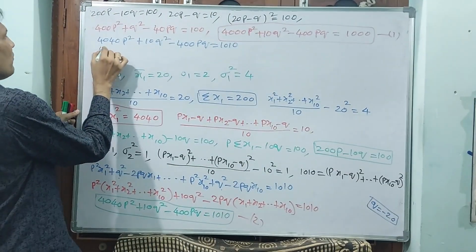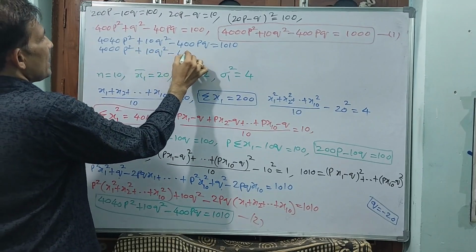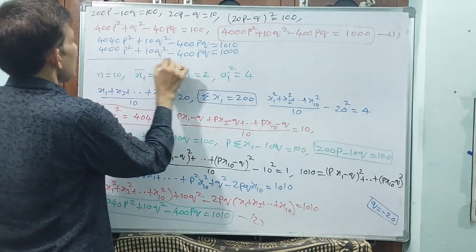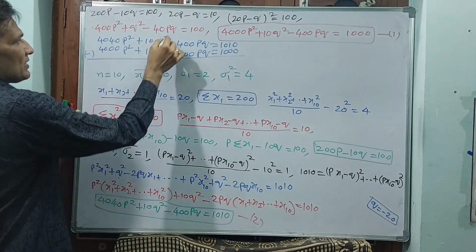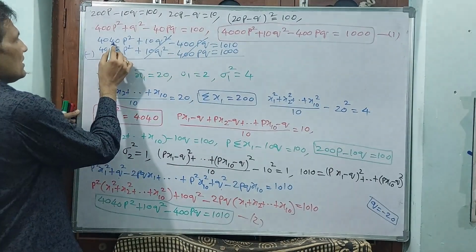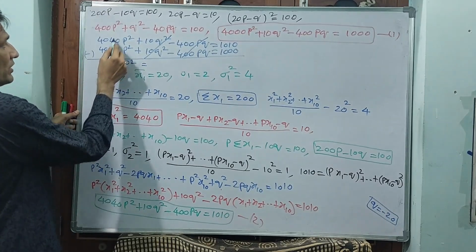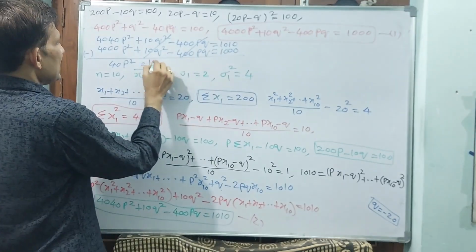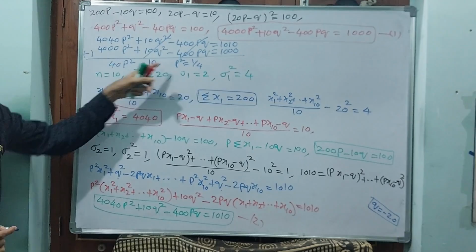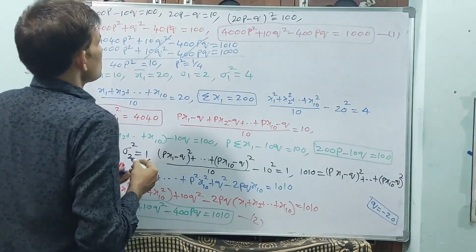This equation: 4000 p square plus 10 q square minus 400 pq is equal to 1000. Okay, I am subtracting. If I subtract, 10 q square and 400 pq also get cancelled out. See, 40 p square is equal to 10. Then p square is equal to 1 by 4.